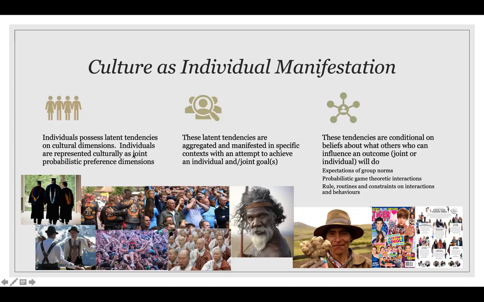All of these things can have similarities across individuals, but individuals will have their own underlying variation on these things. And then the question becomes, well, where do these things manifest themselves? And are there constraints around how they're manifested?